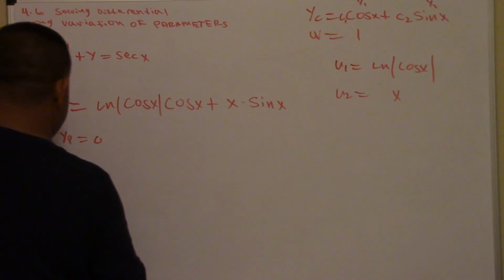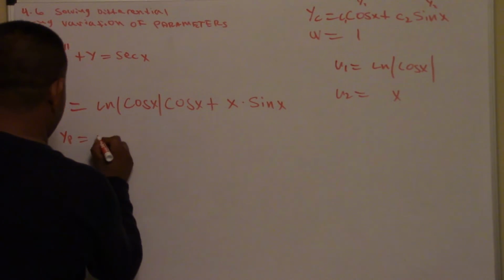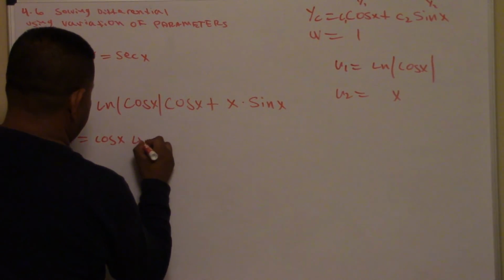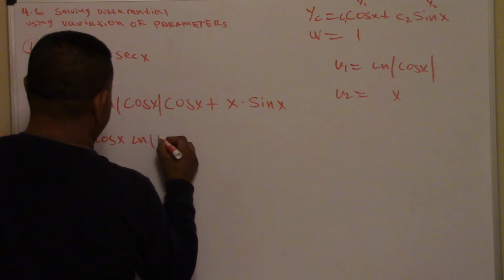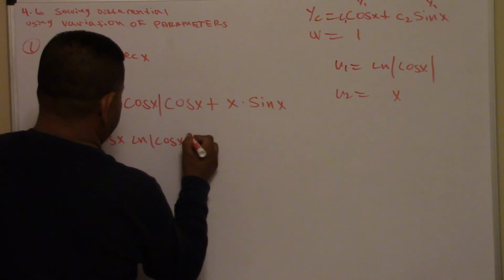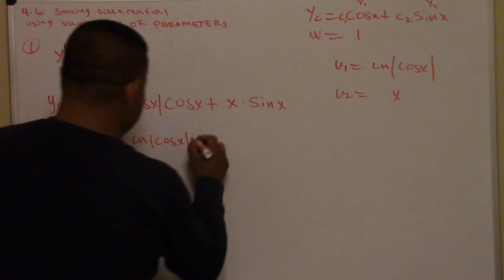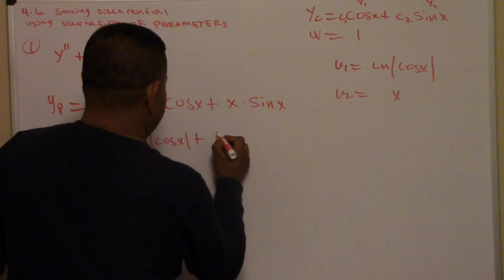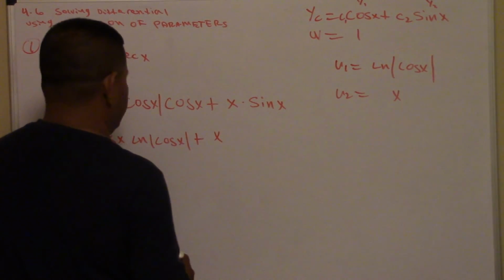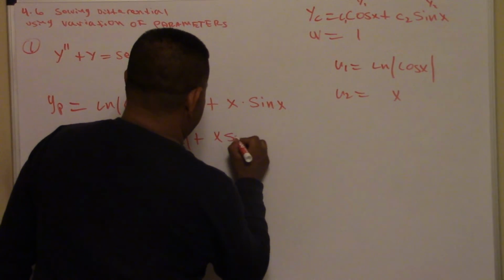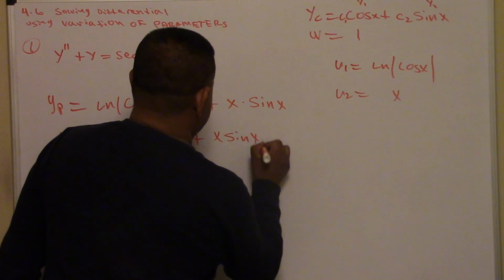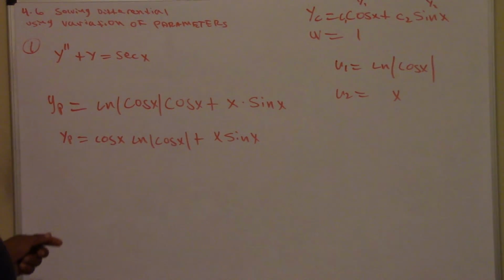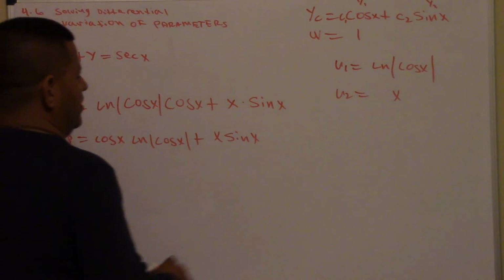Cosine x times ln absolute value of cosine x plus x, right, times sine x, okay?